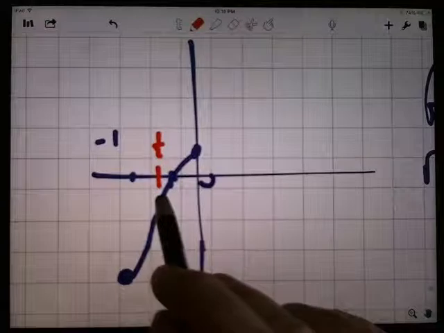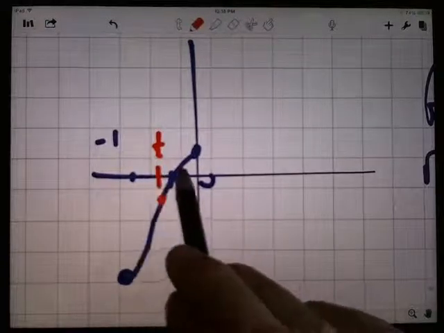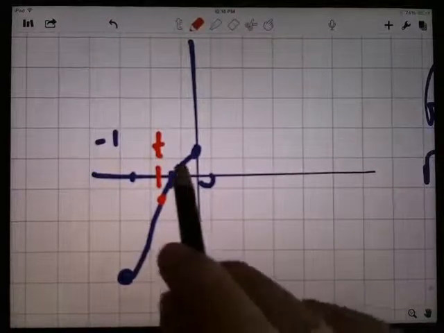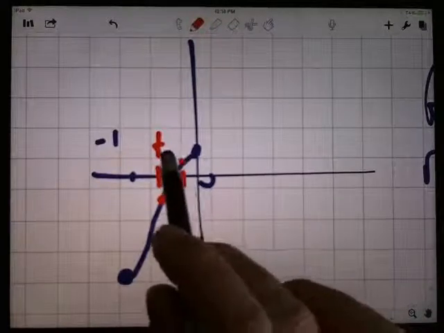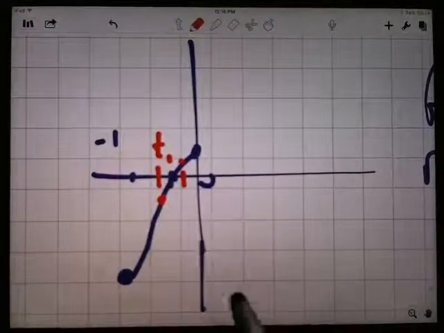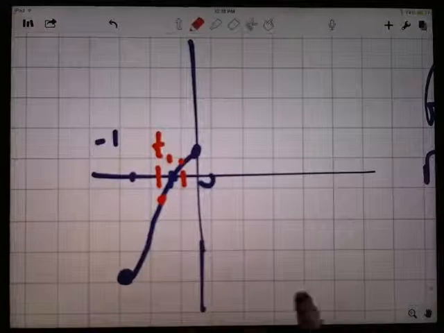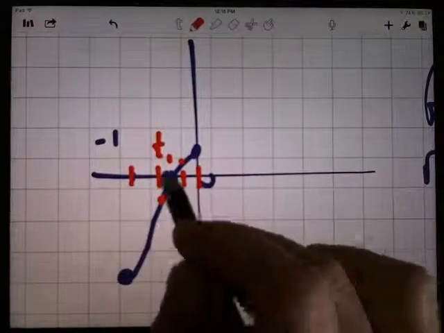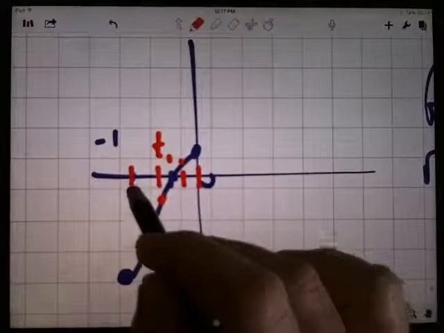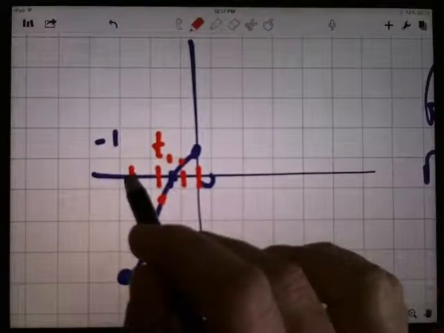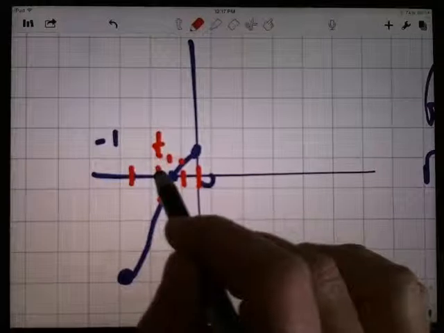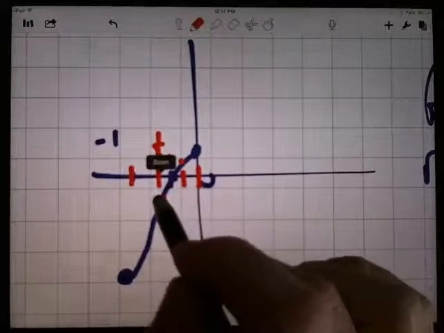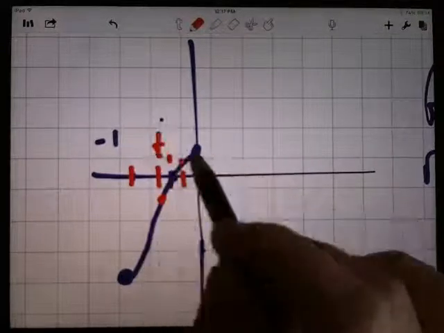Well, if it turns out to be negative, then I'm going to guess a quarter next. Well, if that turns out to be positive, then I'm going to guess in between. And so there's this algorithm called the bisection method. You get an interval that your solution is in, so we know that the intercept is somewhere between -1 and 0. Then you cut that interval in half. You try the midpoint, and that is going to determine which side you need to go.